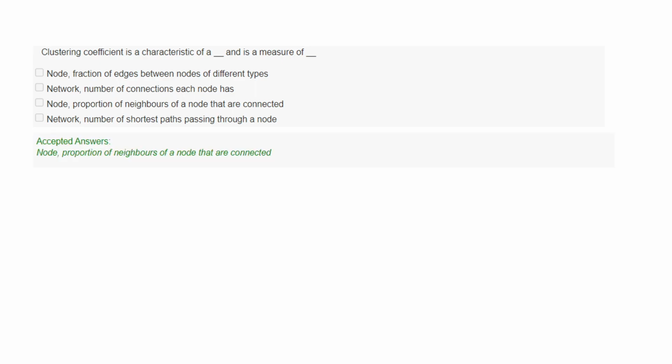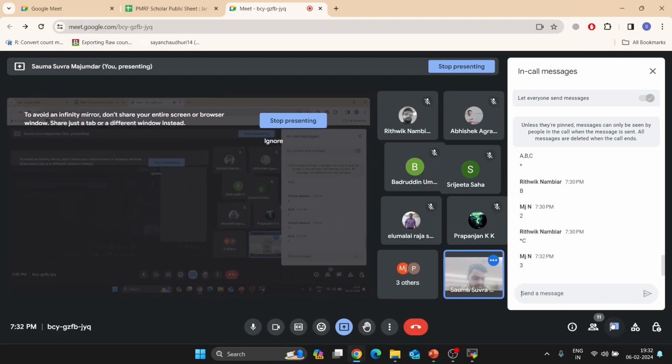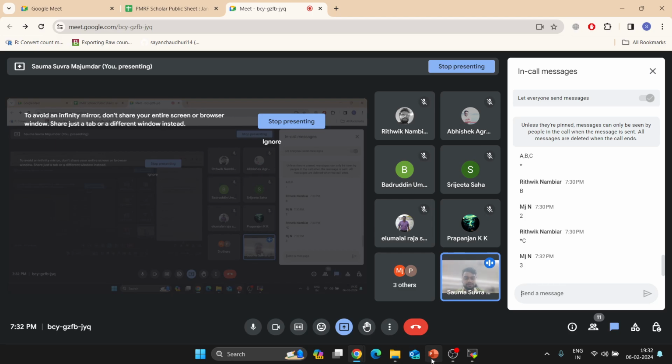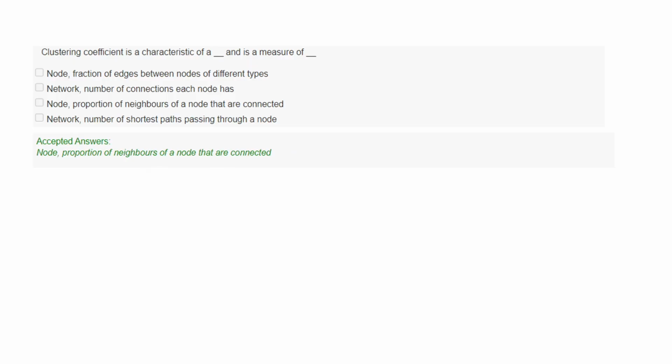Okay, the answer is basically three. I think one of you answered correctly. Yes. So basically, clustering coefficient is not a characteristic of a network.